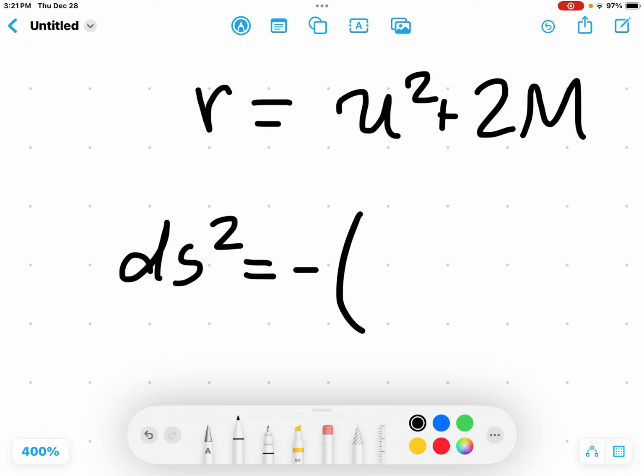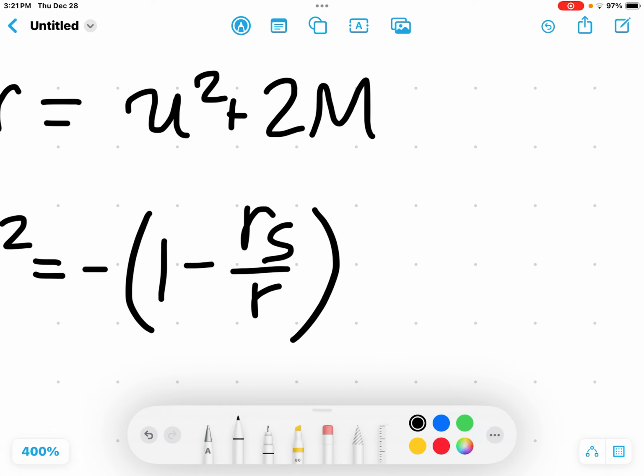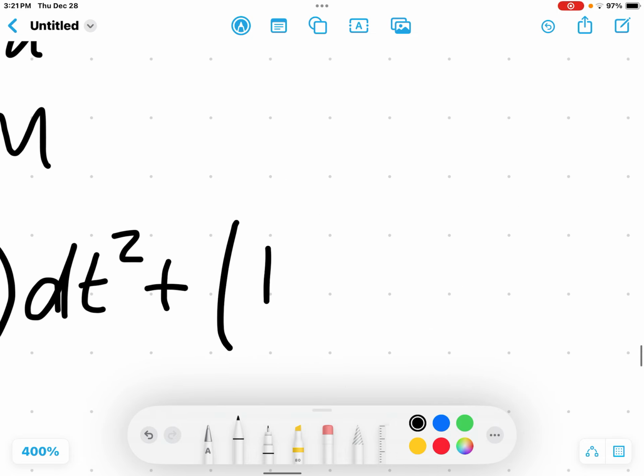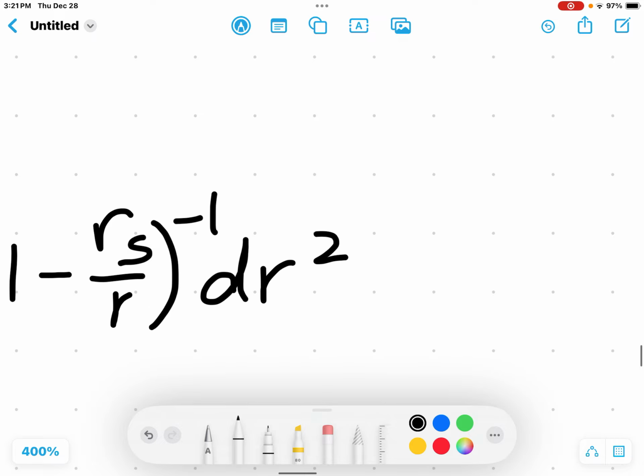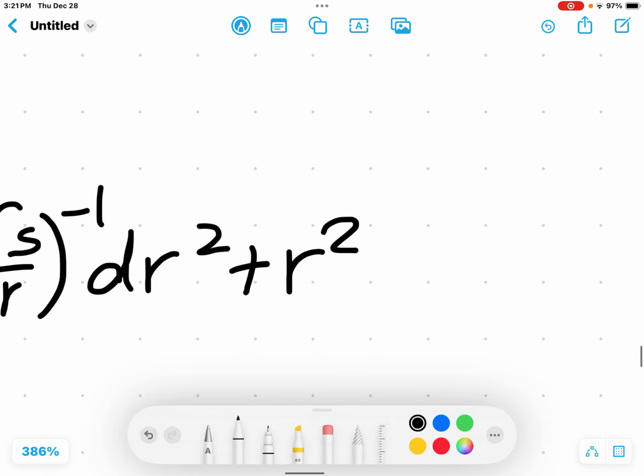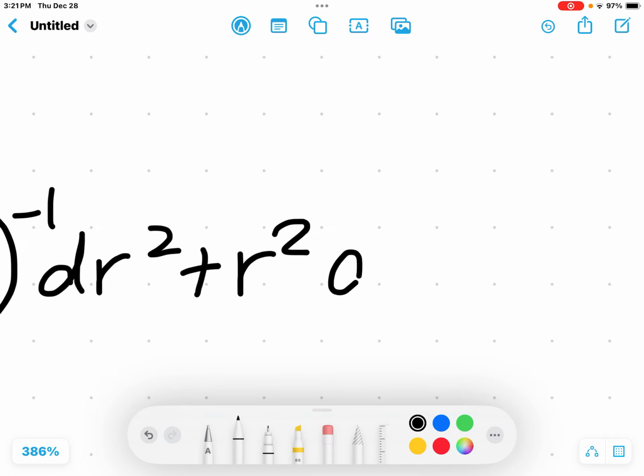So it's minus (1 minus rs over r) dt squared plus (1 minus rs over r) to the minus 1 dr squared plus r squared times d omega squared. Of course, d omega squared is the usual metric on the 2-sphere, as I mentioned many times already before.